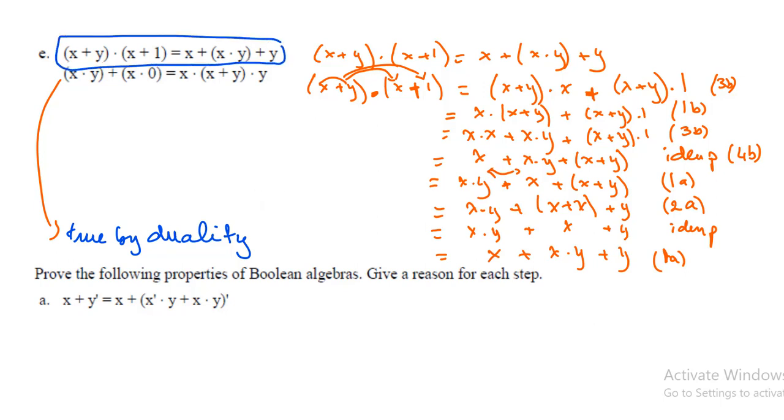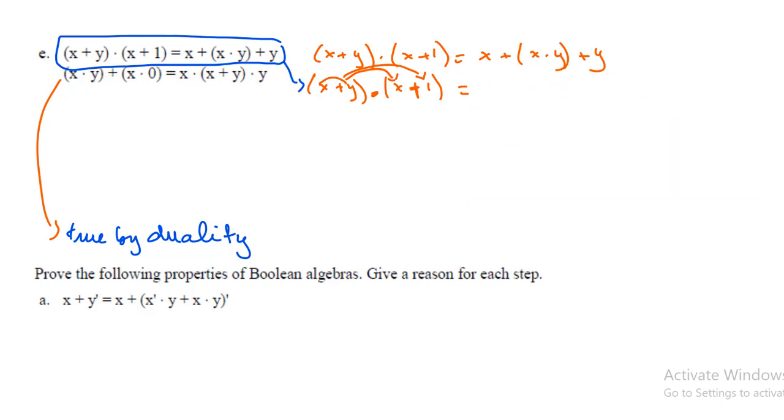Here in blue, I would write another method of proving this. So I see that the first thing I will do is to use distribution property, which is x, and then y plus y dot 1.